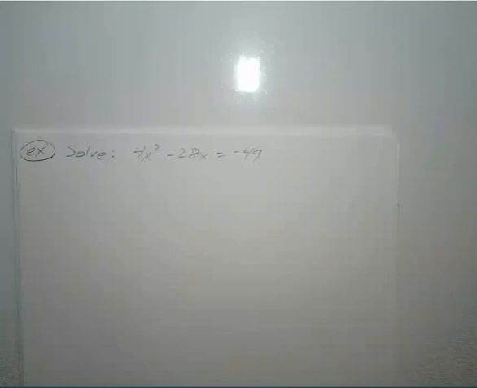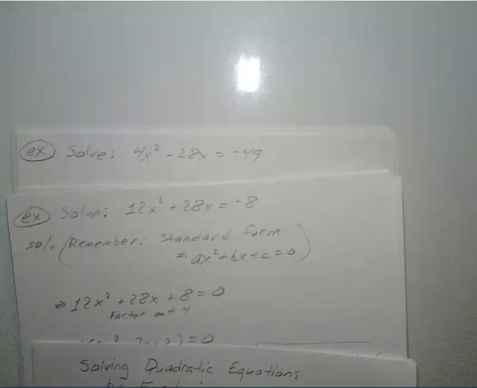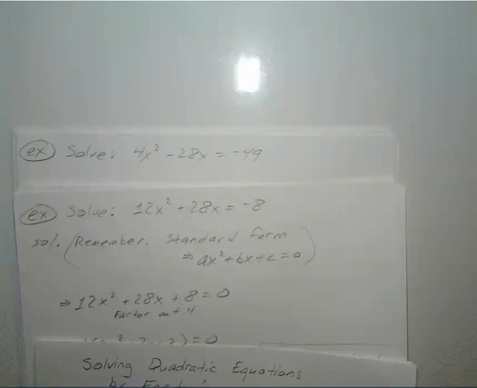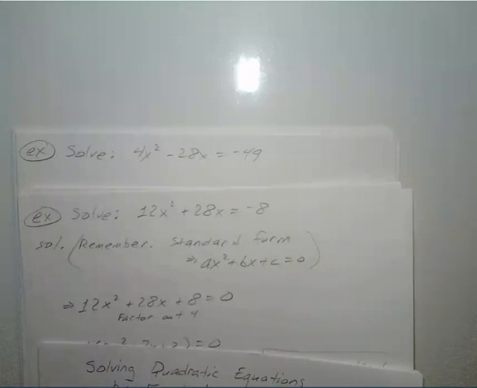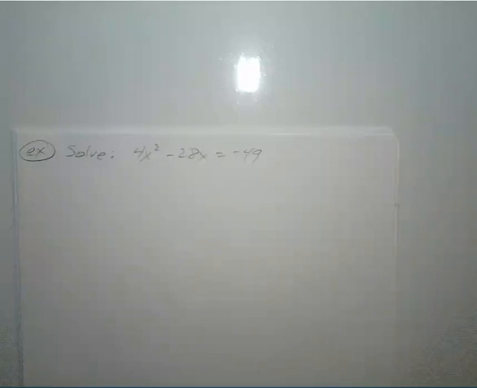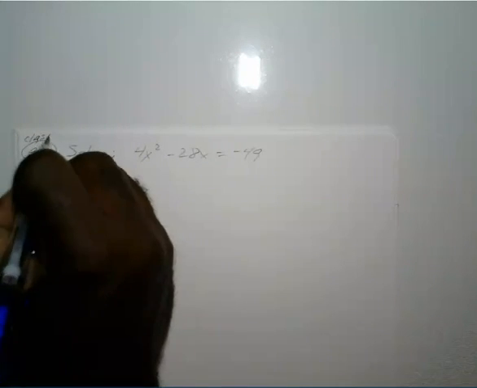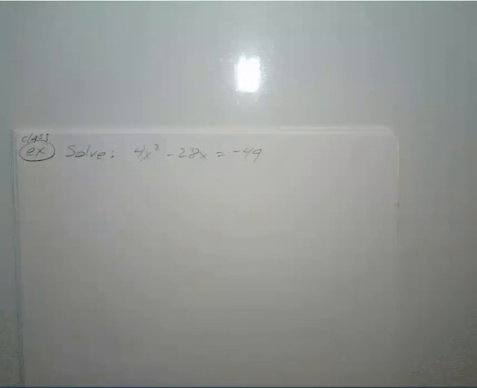Okay, so this one is pretty similar to our previous example, 12x squared plus 28x equals negative 8. Pretty similar to that. So what I want you to do is press pause and try to solve this one on your own.